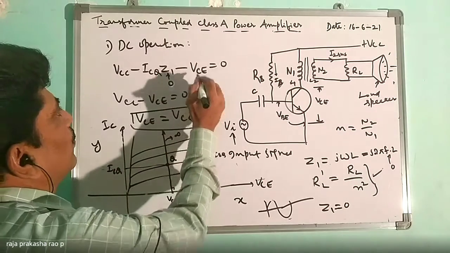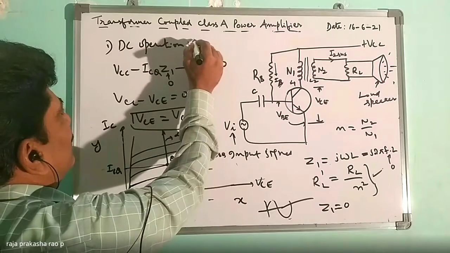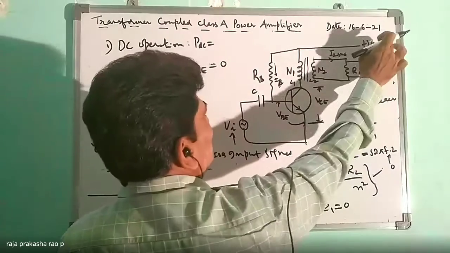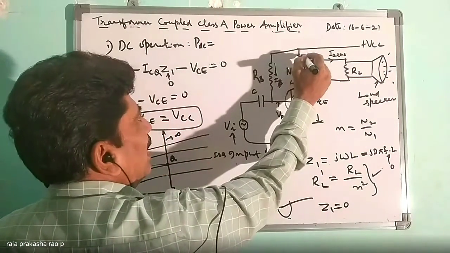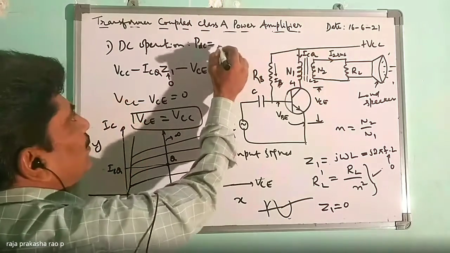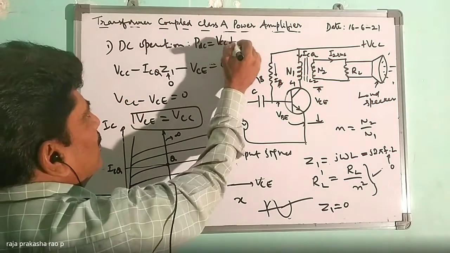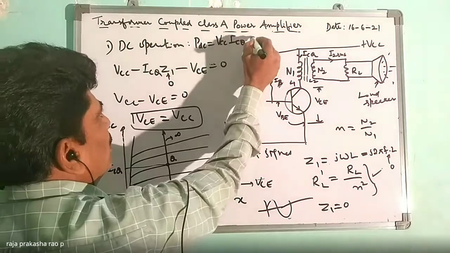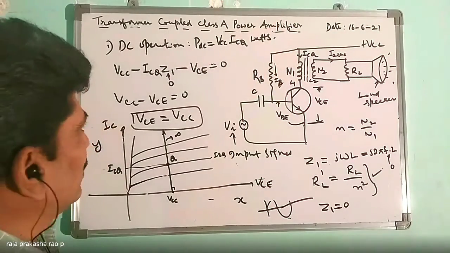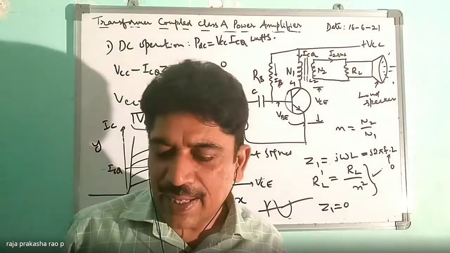So the input DC power, PDC, is equal to VCC into ICQ, the biasing current. This is the input power in watts. Now let us move on to AC.